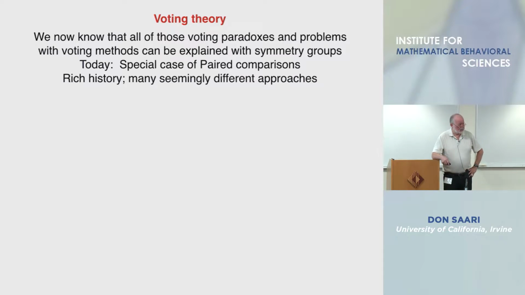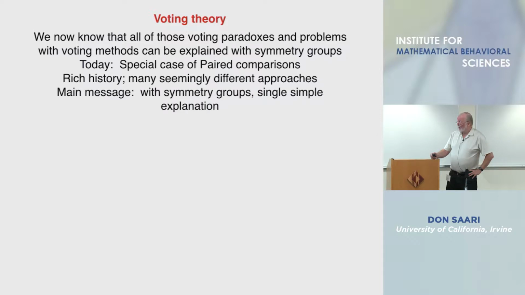The history is so rich, it's impossible to talk about the whole history, so I'm going to take out just aspects of it. And I'm going to show that the many seemingly different approaches can all be answered, and they're all special cases of one simple symmetry group. That's it.